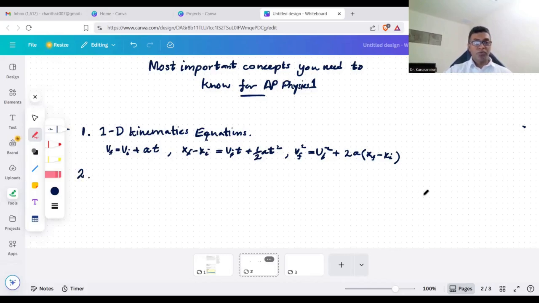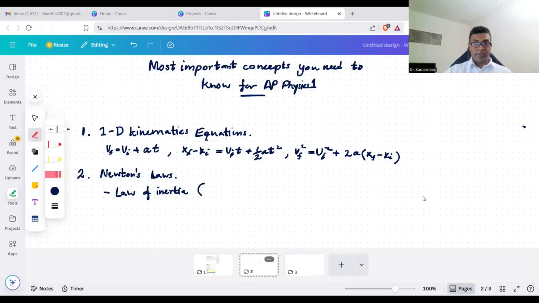Concept number two, Newton's laws. Just like concept one, there are three laws that you should know. The first one is called the law of inertia. That's where we talk about how, in the absence of a net external force acting on an object, the object either remains at rest or moves with a constant velocity.